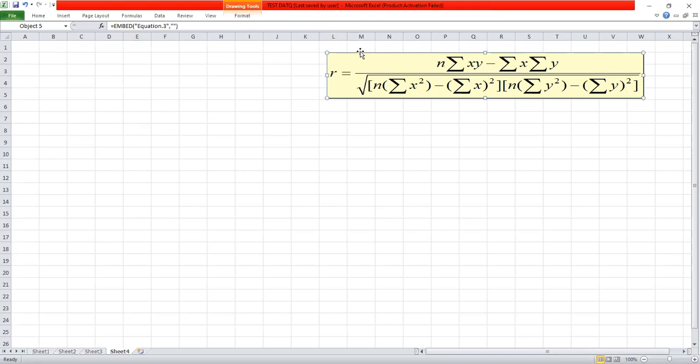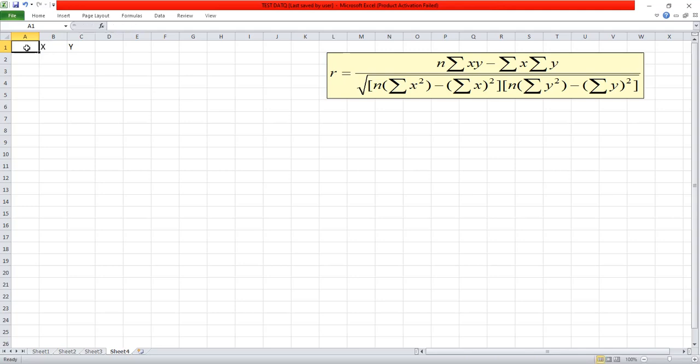Suppose that a firm wants to check whether there is a relationship between the advertisement cost X and sales volume Y over the last 1 year. So these are the months.